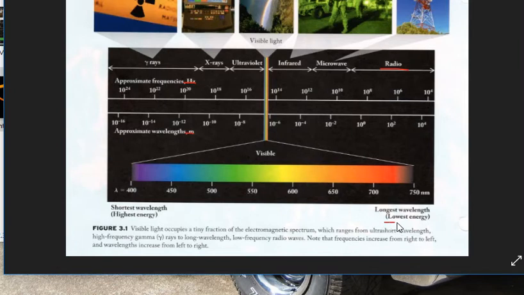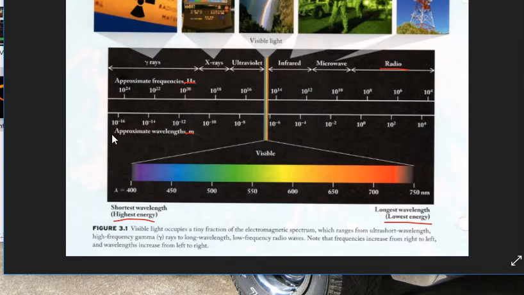The energy is actually the lowest energy. So again, a low frequency, long wavelength, and low energy. Over here we have gamma rays. Gamma rays are very high energy, as you remember, if you want to remember the Incredible Hulk. Gamma rays also have incredibly high frequency, that's 10 to the 24 hertz.